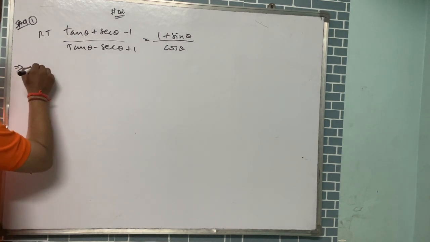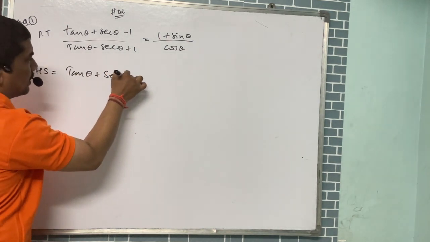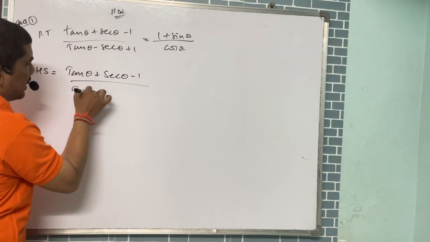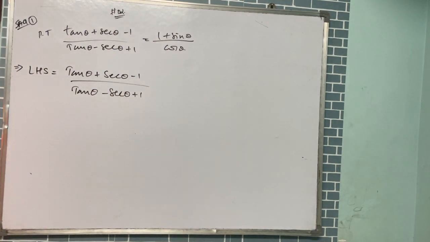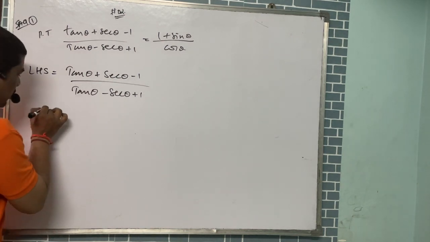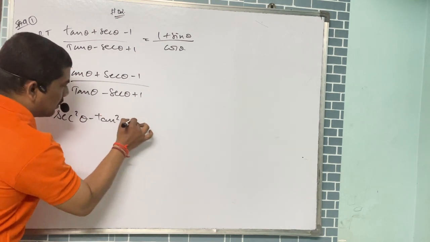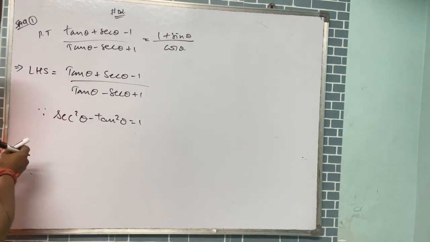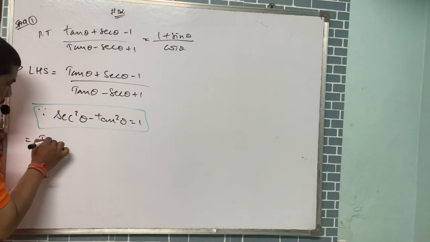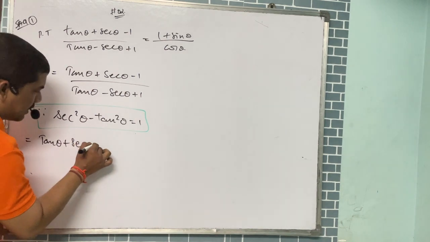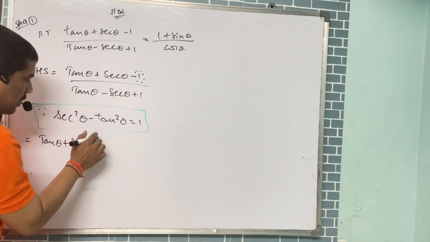See, LHS. What is LHS? Tan theta plus secant theta minus 1 by tan theta minus secant theta plus 1. So look very carefully at what I am doing. We know secant square theta minus tan square theta is equal to 1, or not? We know this formula. So tan theta plus secant theta as it is, in place of this 1, I am using this formula.